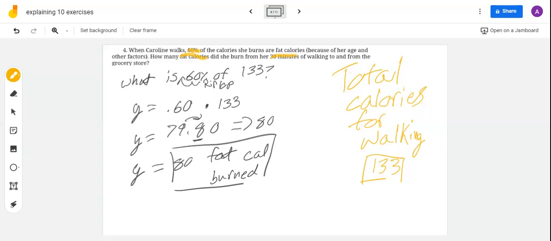So you would multiply that percentage that you turned into a decimal by the total amount of calories burned. And then whatever your answer is from the percentage times the total number is your answer. So 80 fat calories were burned out of her total 133 calories burned from walking.